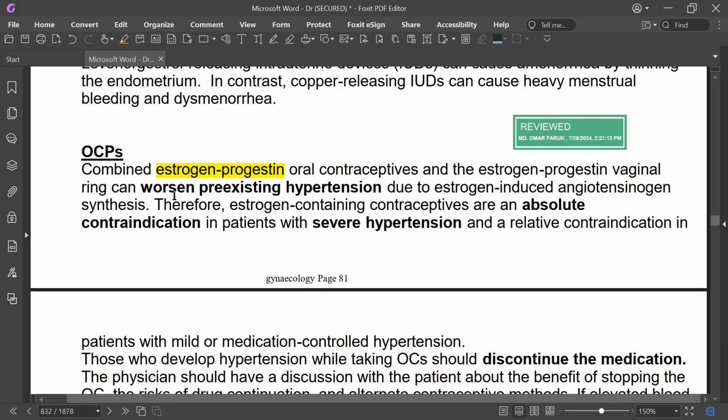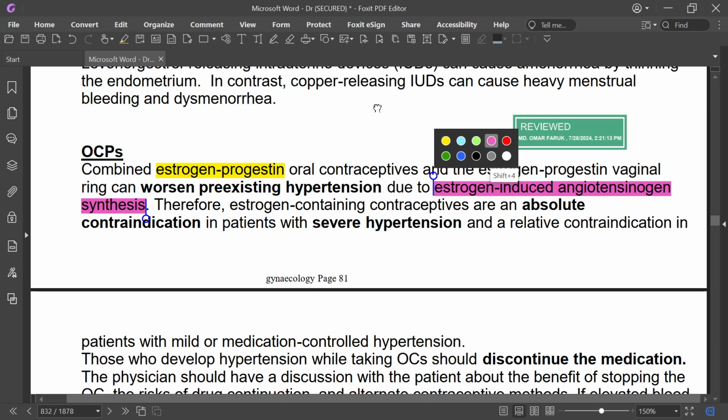The progestin vaginal ring can worsen pre-existing hypertension due to estrogen-induced angiotensin synthesis. This estrogen-induced angiotensin synthesis can worsen hypertension.